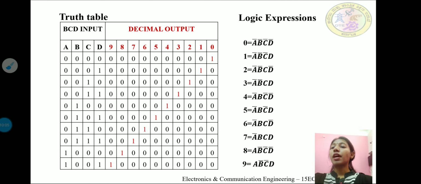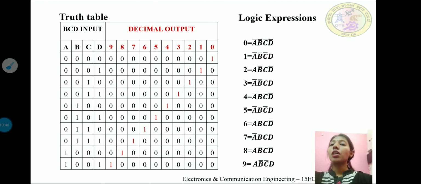First we will write all the possible combinations of BCD inputs for the decimal digits from 0 to 9, that is 0000, 0001, 0010, 0011, for digit 4 0100, 0101 for digit 5, 0110 for digit 6, 0111 BCD code for 7, 1000 BCD code for 8, 1001 BCD code for 9.